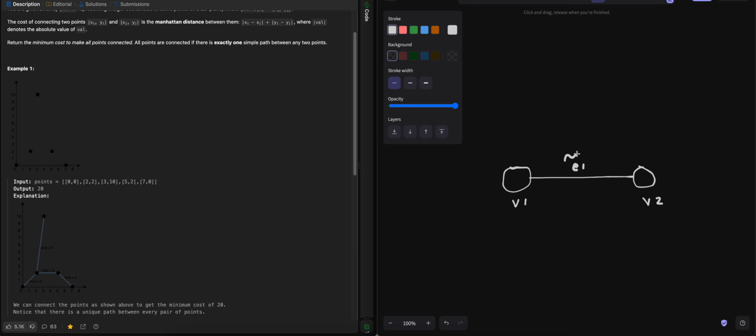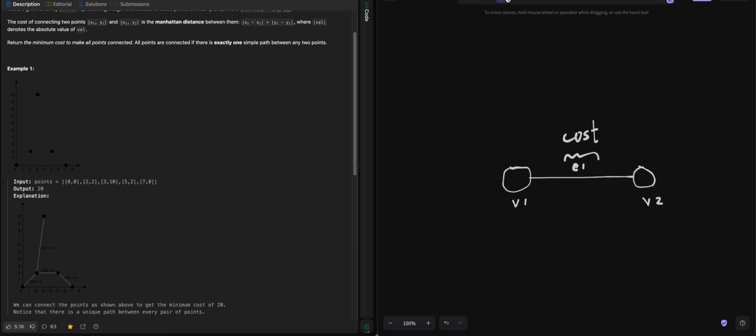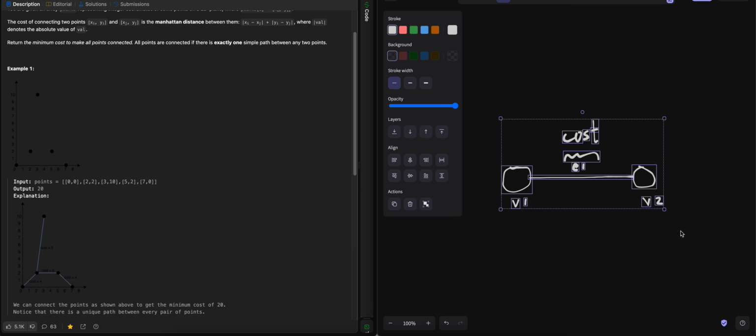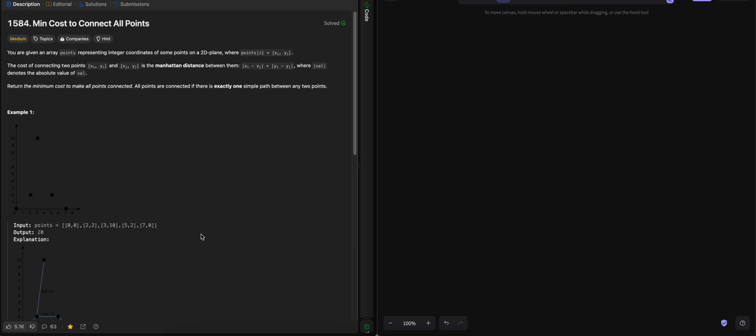What's the weight of this edge? In this problem it is denoted by the cost, and this has to be minimum. Basically, that's what they have said. So one thing is clear, we have to find the minimum spanning tree.